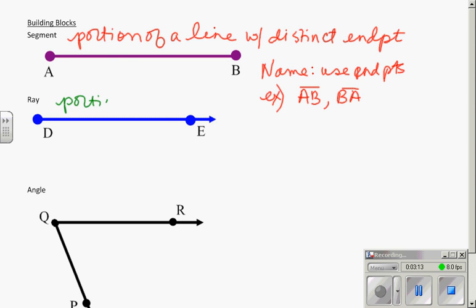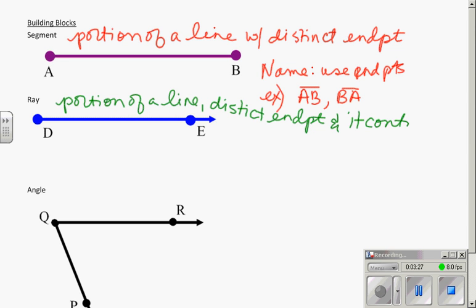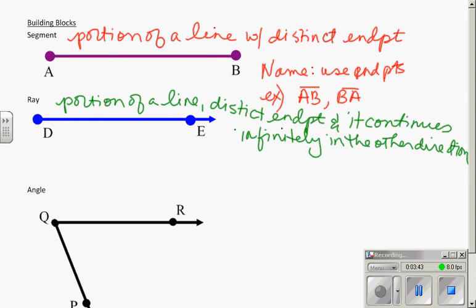A ray is also a portion of a line, but this time we have a distinct endpoint and it continues infinitely in the other direction. So when we name it, we have to be a little bit more precise.